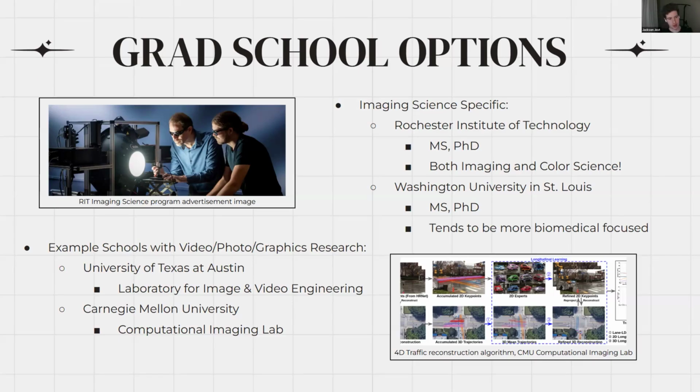And then another notable program is at Carnegie Mellon. They have a computational imaging lab. That one deals with more of the backside of imaging. So instead of making devices and working with the actual optical and physical components, it's more algorithms for image processing. Think of how your iPhone does its denoising and image upscaling, things like that.